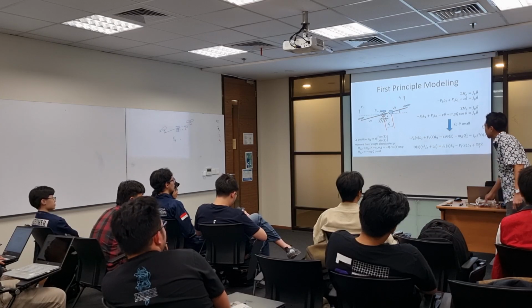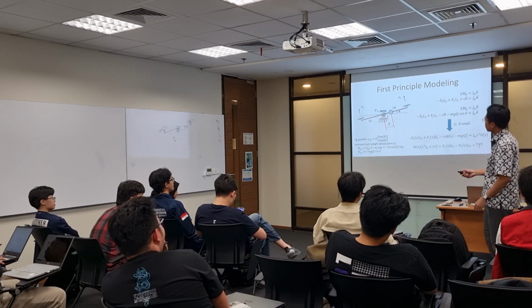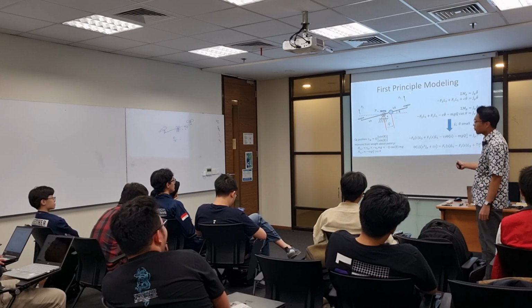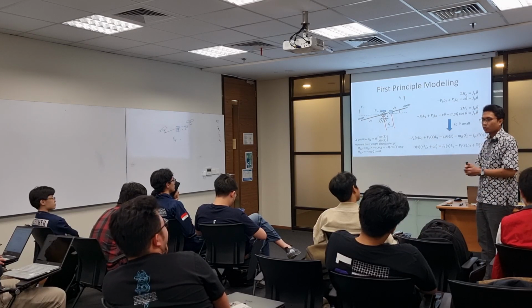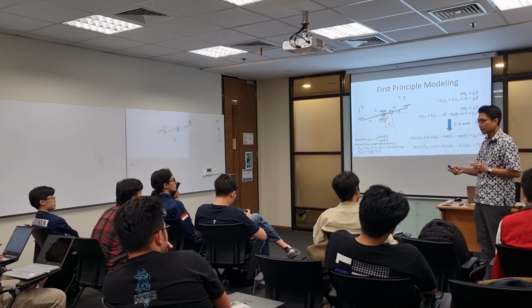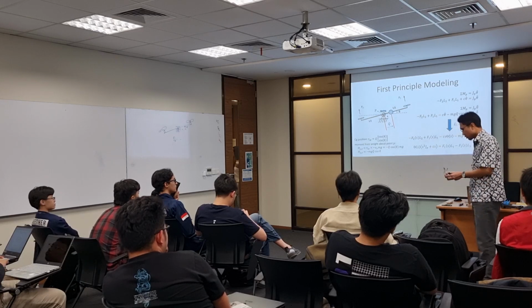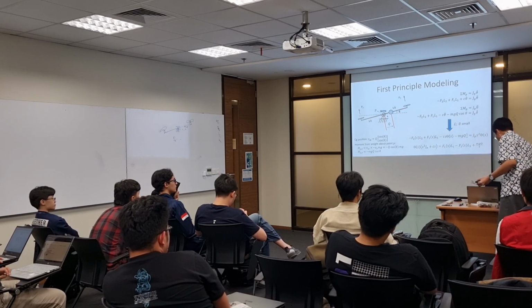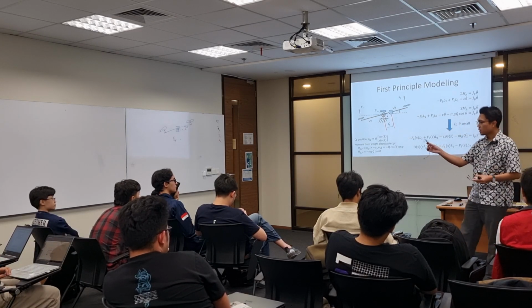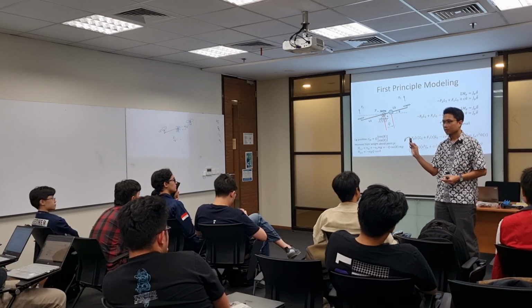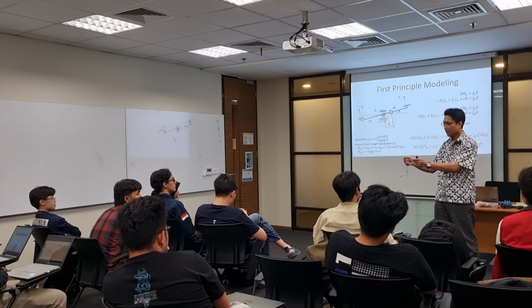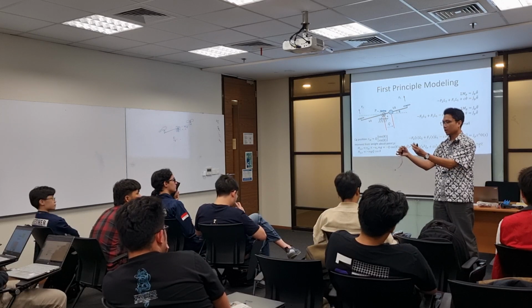And the next thing I want to say is about F1 and F2. You can control them independently, okay? Because this is called the motor driver. Okay, the motor driver, you connect it to the motor like this.